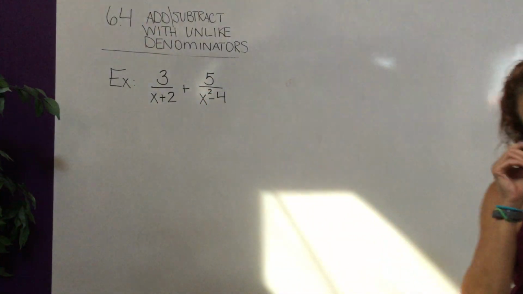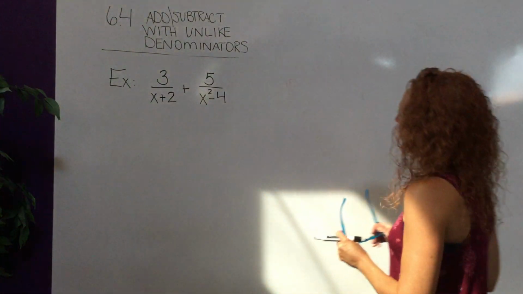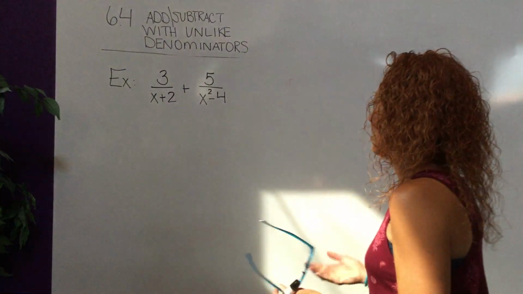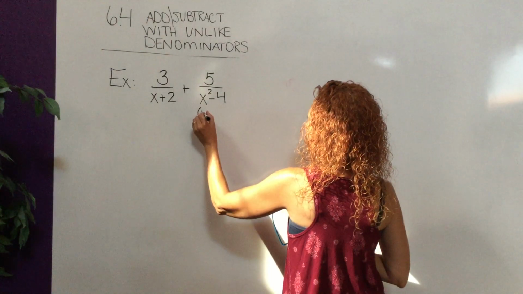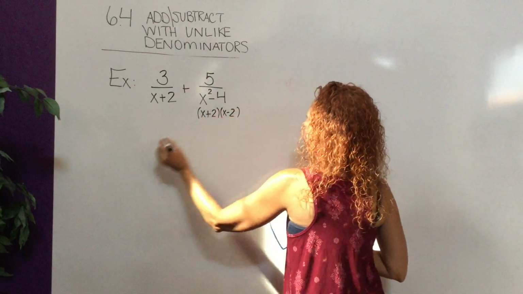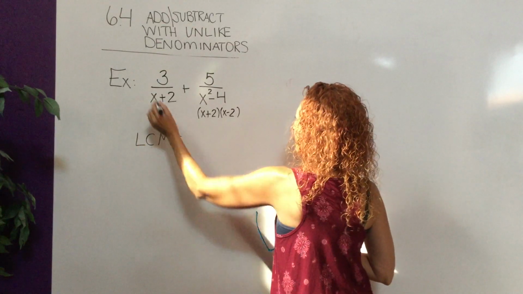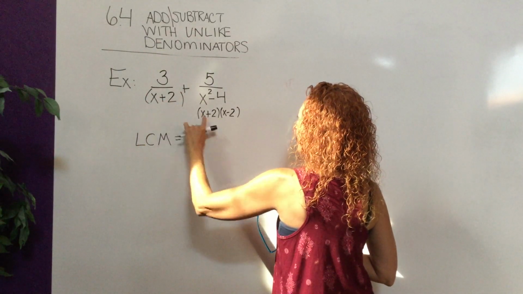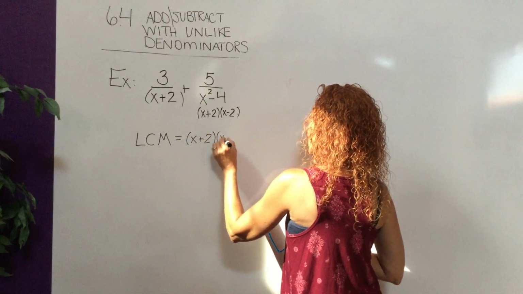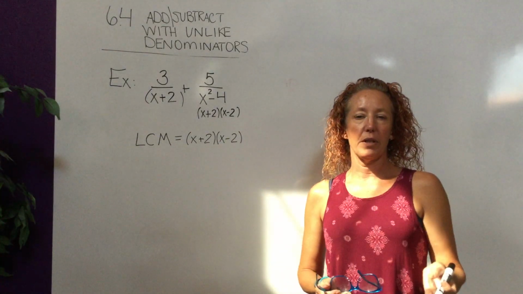So you didn't think we were going to have a lesson where we didn't get to factor. I wouldn't want to disappoint anybody here today. So this second fraction here does factor to (x plus 2)(x minus 2). So my least common multiple, or my common denominator, does need one of these, just one. It needs an x plus 2 and an x minus 2. Every factor needs to be represented.